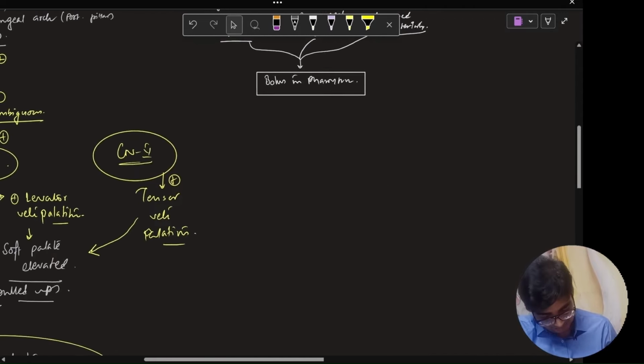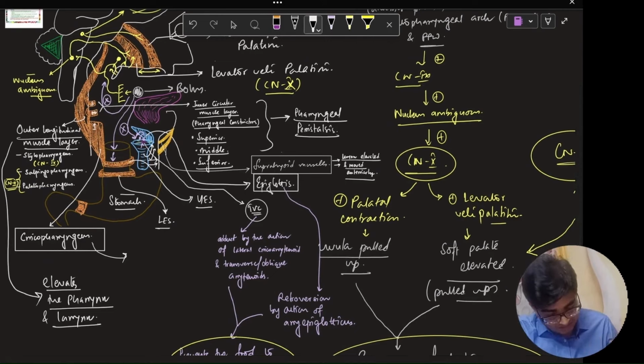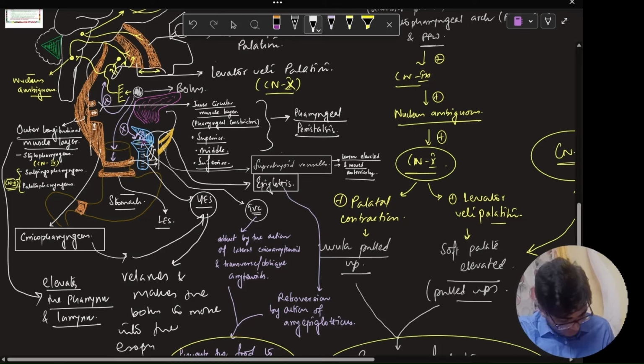Now what happens? The last one, you know, the cricopharyngeus muscle. What is it doing? The cricopharyngeus muscle forms the upper esophageal sphincter. So this will make the bolus move into the esophagus.